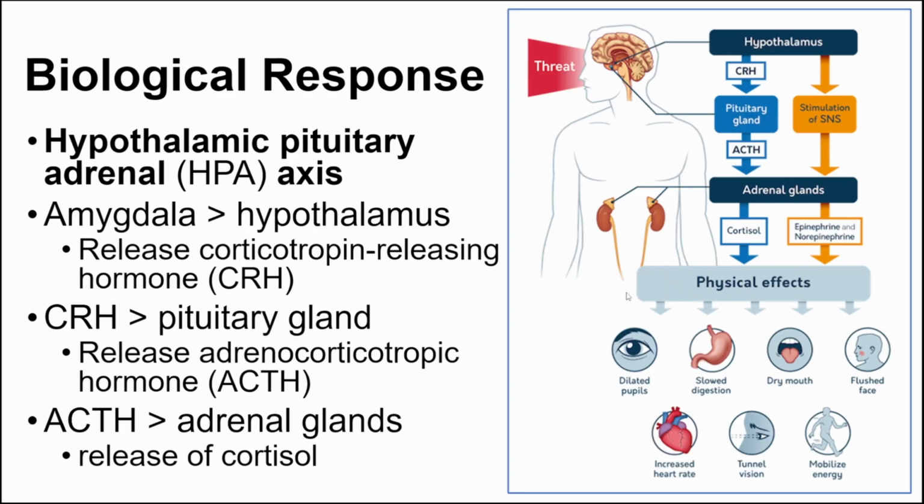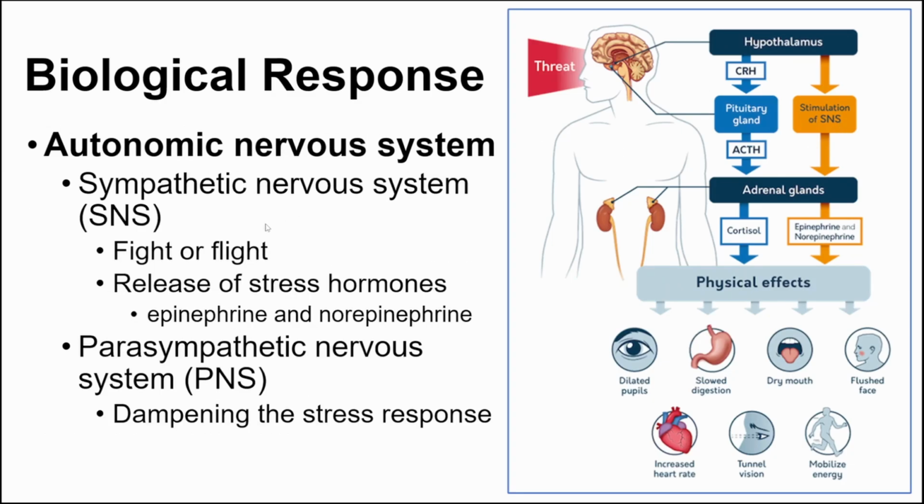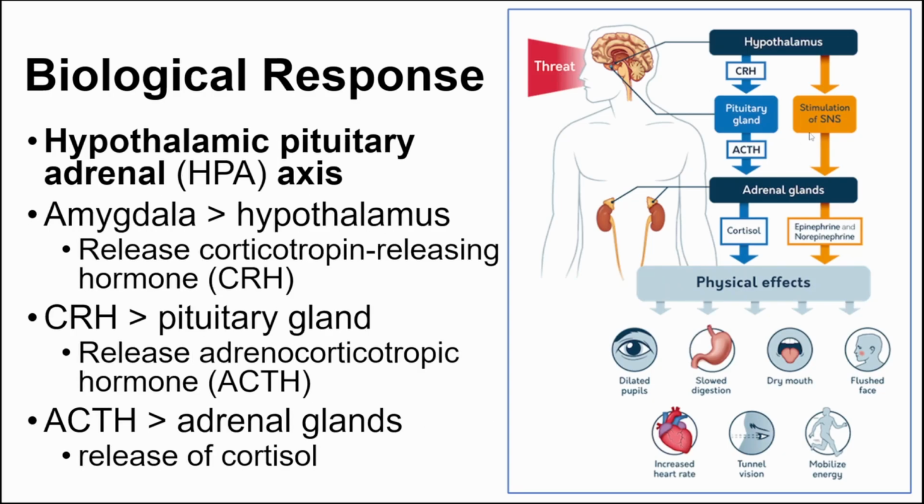That's going to produce physical effects throughout the body. Now, we're going to talk about these physical effects momentarily, but first, I want to acknowledge that there is a second pathway here. And interestingly, this pathway kind of skips over a couple of these steps. So here, orange is showing us that we have the stimulation of our SNS. That SNS is our sympathetic nervous system right here. And that sympathetic nervous system is going to send signals more directly to our adrenal gland so that we can have a quick release of two other hormones.